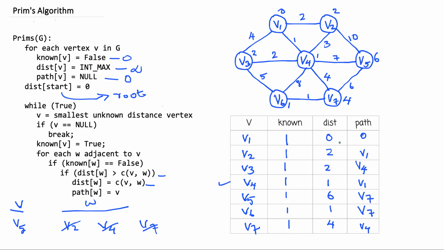In order to generate the minimum spanning tree, we have to consider each of these vertices and its previous vertex. The root of the spanning tree will be the vertex V1 because it doesn't have any previous vertex.